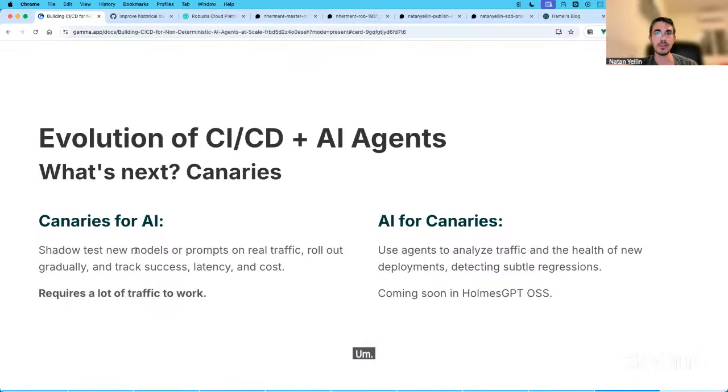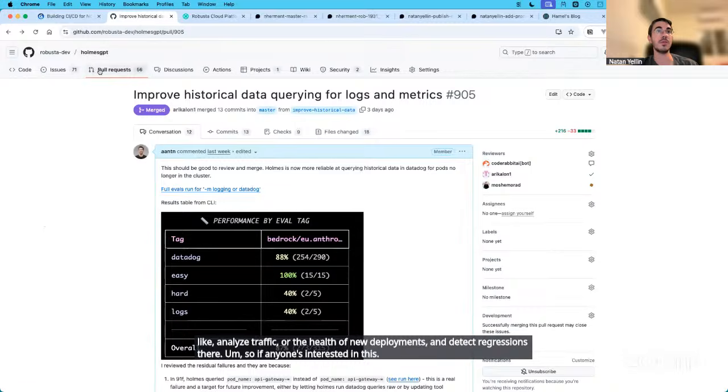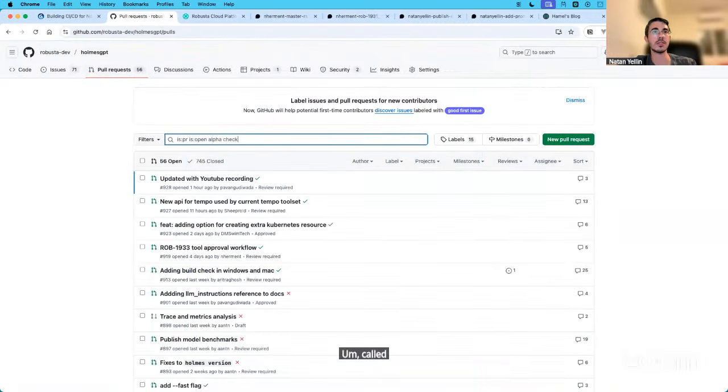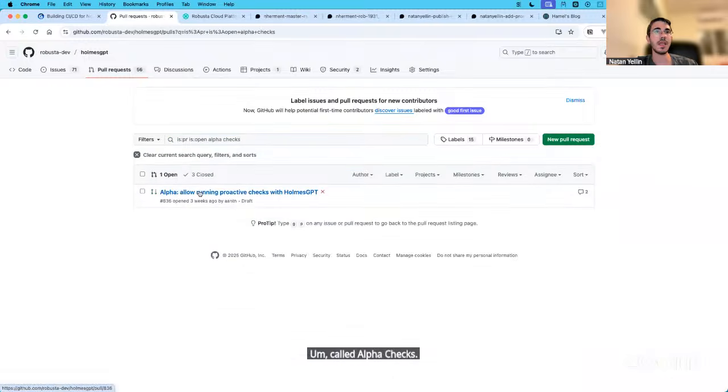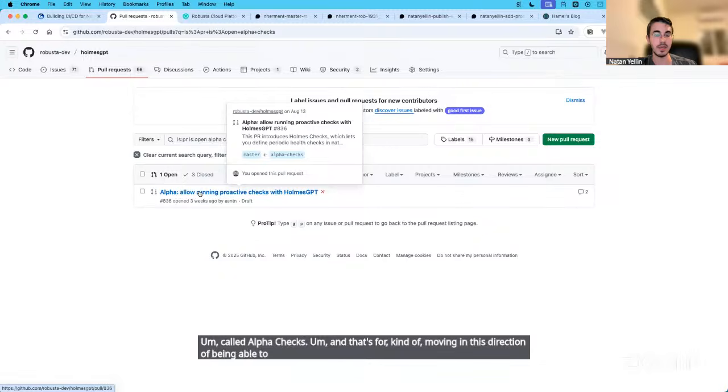You could, for example, use agents to analyze traffic or the health of new deployments and detect regressions there. If anyone's interested in this, it is something in the open source, and there's a pull request called alpha checks. That's for moving in this direction of being able to run these checks that would eventually be canaries, where the AI agent looks at something and then gives a pass-fail criteria.